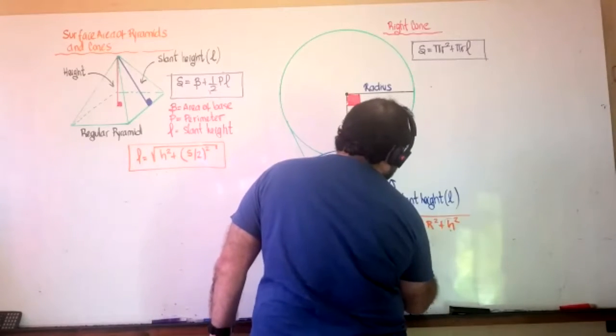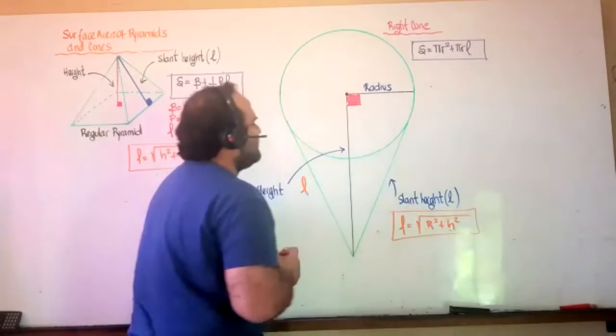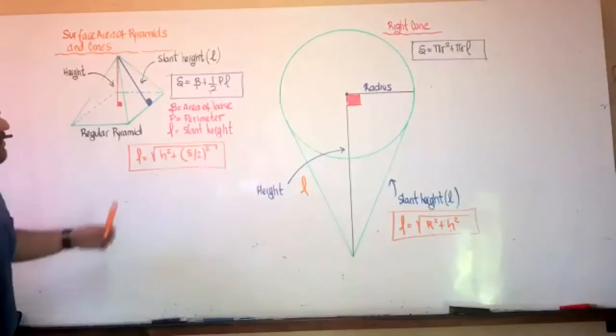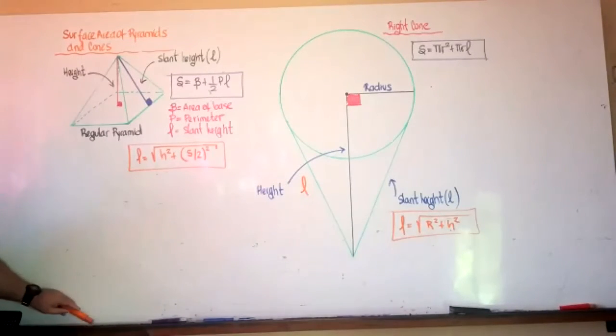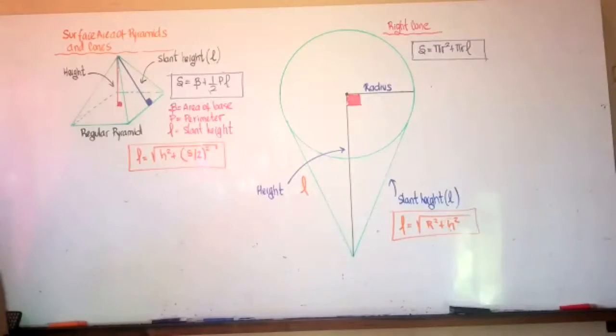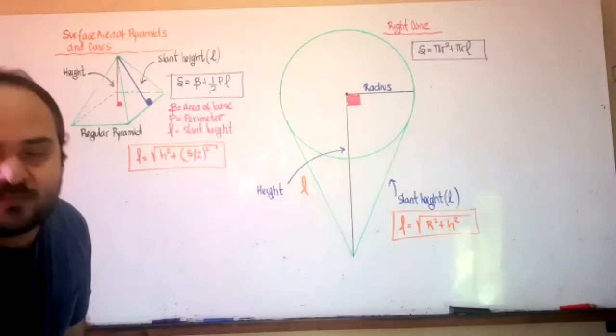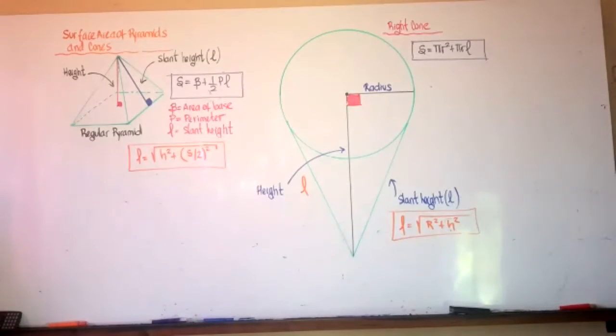This is how we can calculate the slant height of the right cone, and this is how we calculate the slant height of the pyramid. And this is the formula, at least for a while, for the surface area of pyramids and cones.